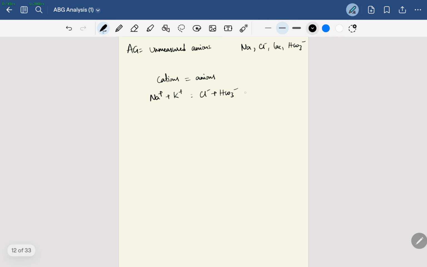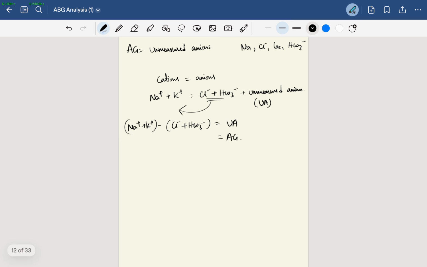However, on the anion side, there are usually some unmeasured ions. So, unmeasured anions, which I will refer to as UA. Now, if we take these to the other side, you get sodium plus potassium minus chloride plus bicarb is equal to unmeasured anions, which is basically the anion gap.